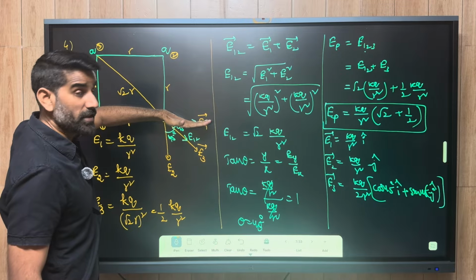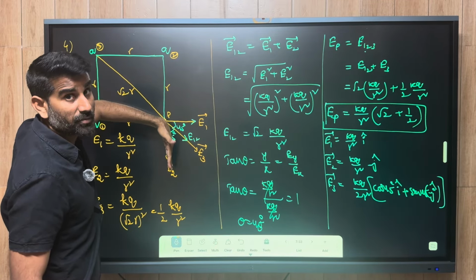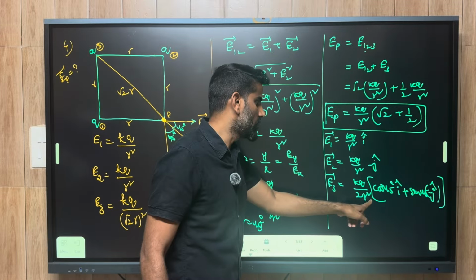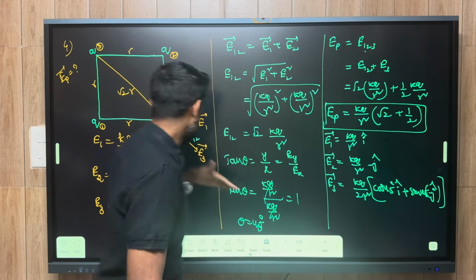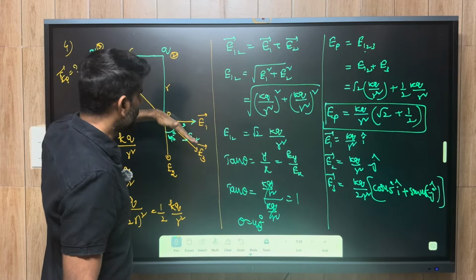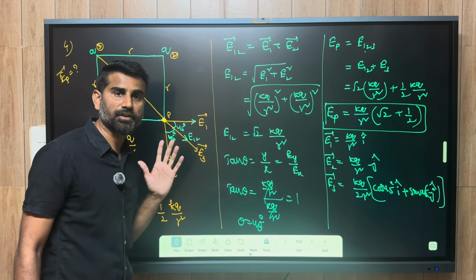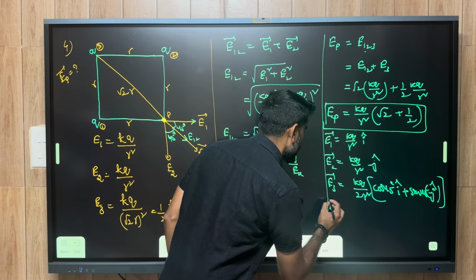One component is along i cap, that means the x axis, the other component is along minus j cap, that means along the minus y axis. I have taken kq by 2r square common because it is there in two terms, cos 45 i cap as the x component and minus sin 45 j cap as the y component.